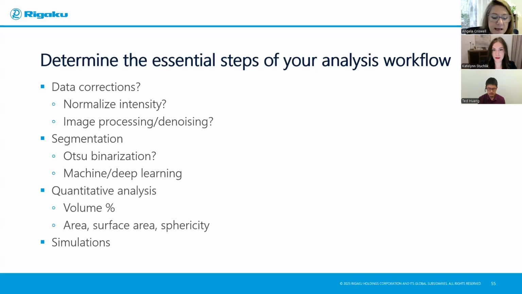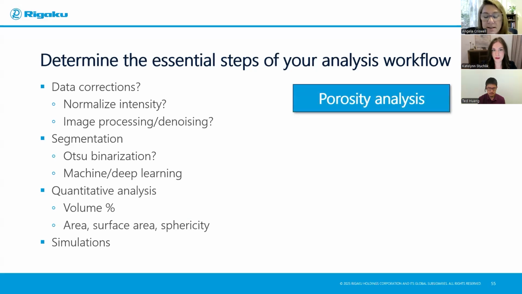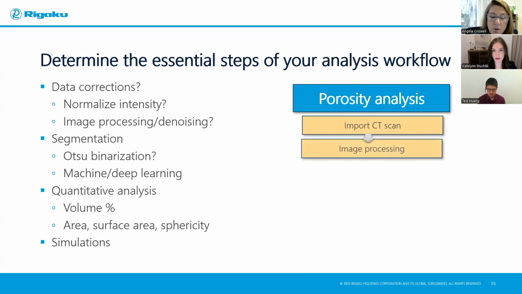So I'm going to take a workflow, say porosity analysis, and just kind of iron out, for example, a few steps. Of course, the first step is always going to be, I'm going to import my scan. I want to perform some image processing. For example, maybe I want to do some normalization of the intensities, or perhaps a non-local means filtering. And after that's performed, I have a two-phase rock sample, for example.